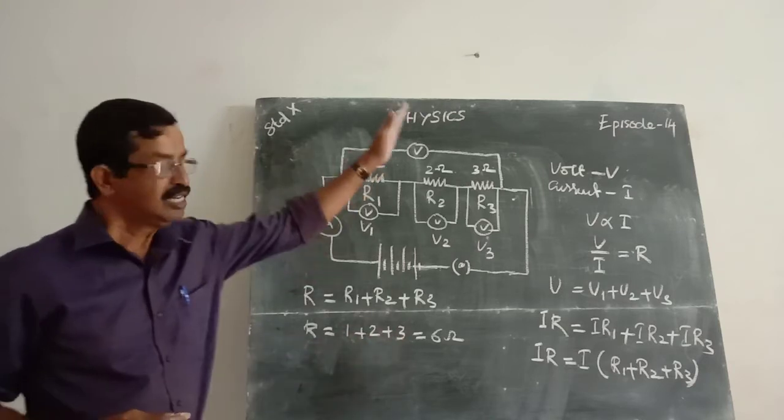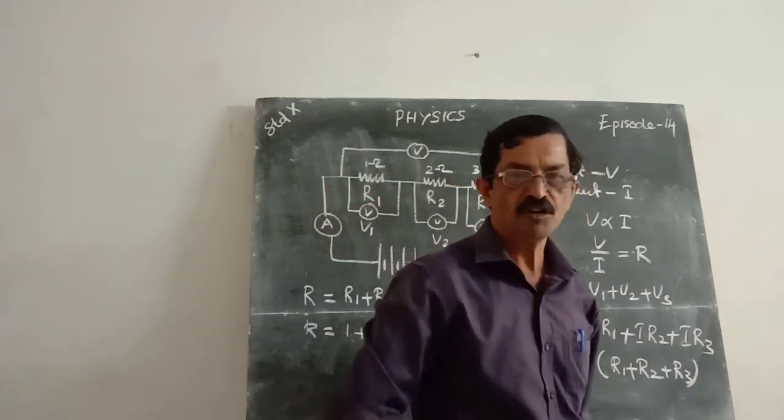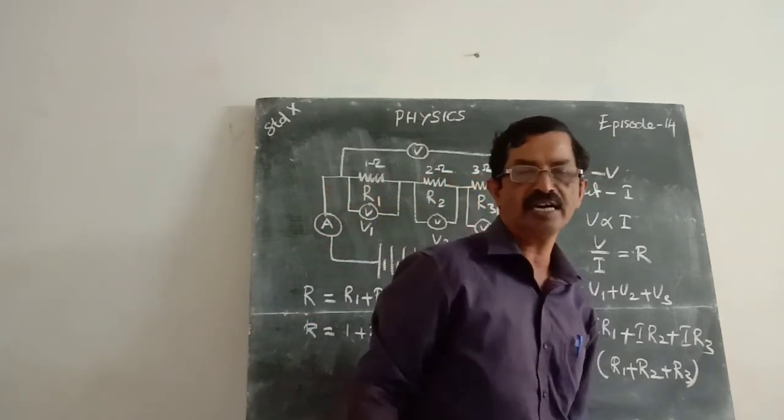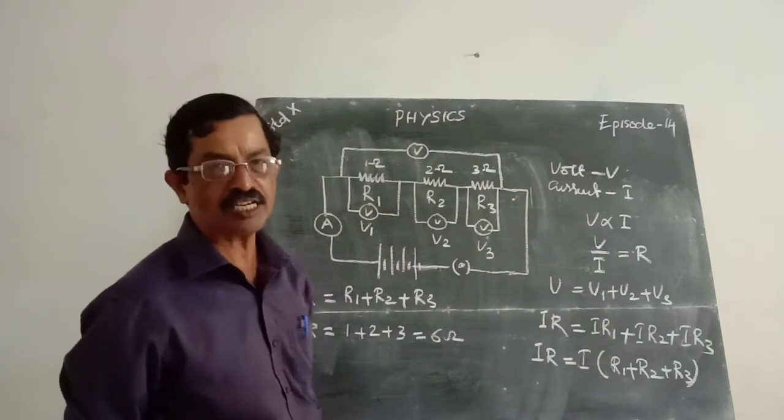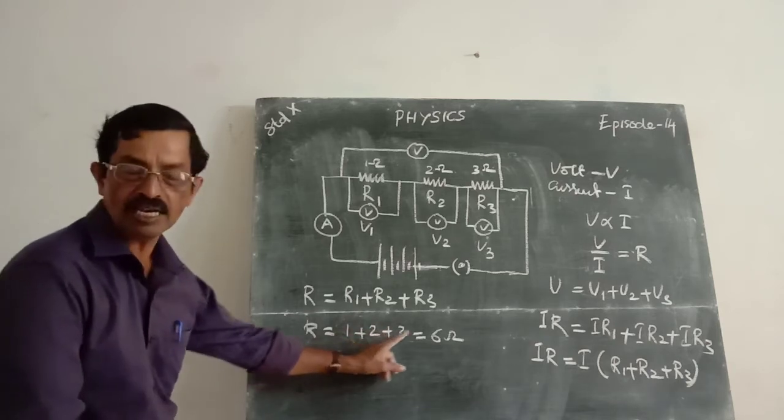That means when the resistors are connected in series, the total resistance or the effective resistance in that circuit is more than any of the individual resistors.